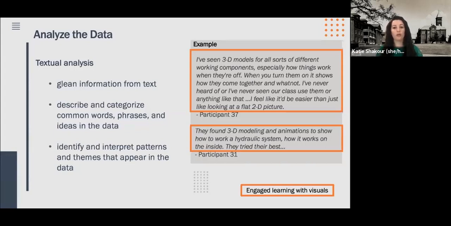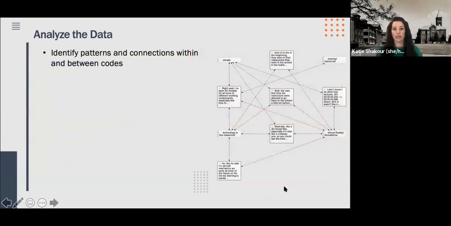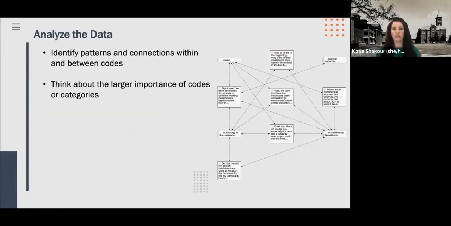And as our research team, we want to know what tools were useful, but also why and the how behind their usefulness for students. So I'd probably do more of the whole quote for our particular research. As you continue analyzing the data, you're going to begin to identify patterns and connections within and between the codes. And you want to think about deviations between the codes or what might cause those deviations.